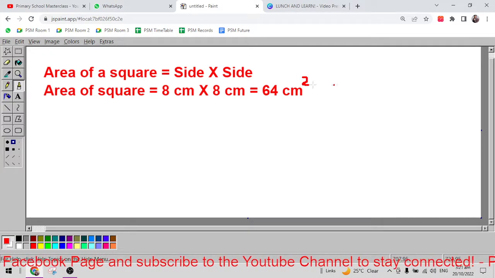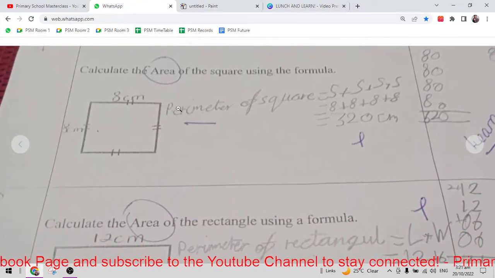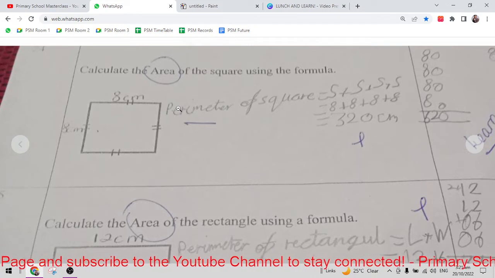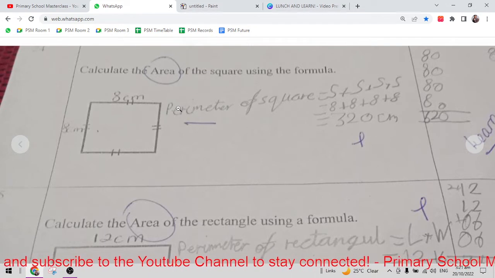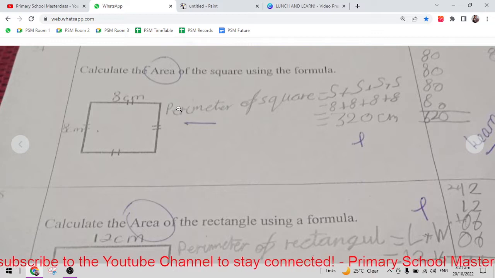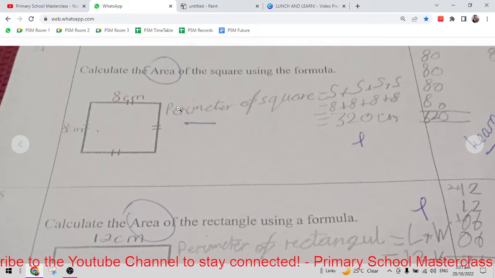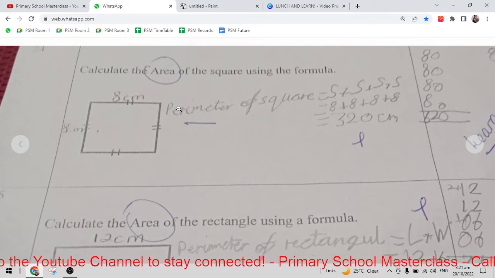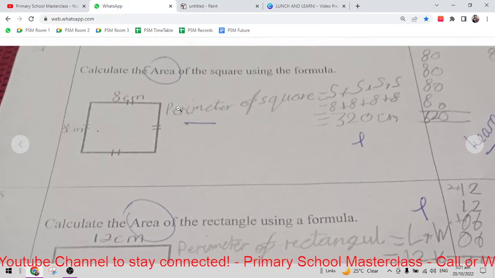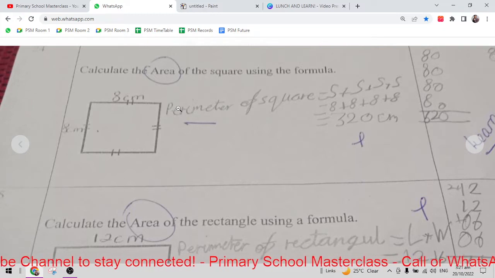So 64 centimeters squared is the area of this square here. Alright. So you need to be sure to know the difference between the perimeter of a square and the area of a square. Alright, moving on.